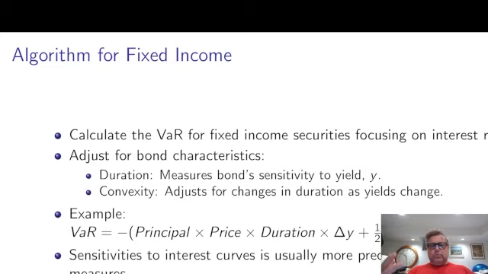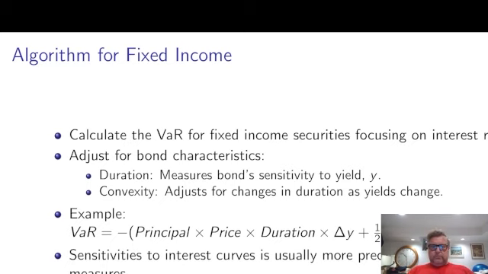So how do we calculate it? For example, for fixed income, for a bond, we look at the change in interest rates. Now, you could argue that you want to have credit assumptions in there as well. You can certainly add this, but in our case, let's just look at interest rate changes.